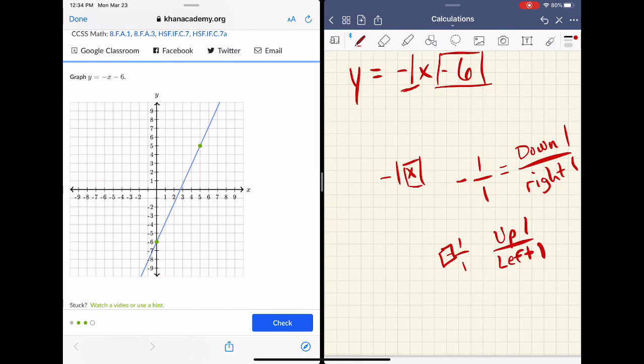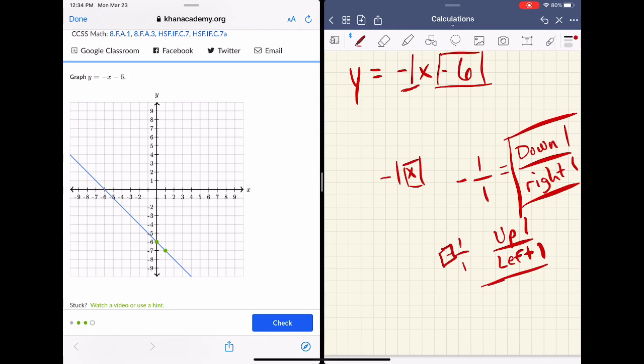And that's still going to get us the same graph. So let's actually try both ways just to show you that it would still work. So if we went down 1, right 1, well, we would start at the negative 6. We would go down 1. Right 1 would get us right there. Okay? Just get a mental picture of what that line looks like.